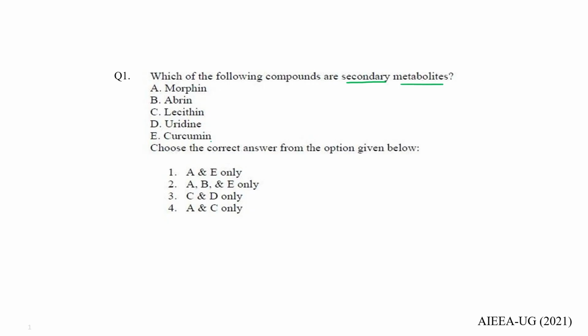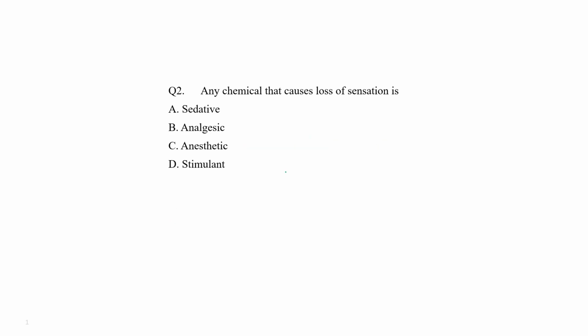While lecithin and uridine are intermediate products of various metabolic cycles, so they do not come under the secondary metabolite category, while curcumin also comes under the secondary metabolite category. So our right answer would be choice A and choice E. So choice number 1 would be the correct answer, in which both morphine and curcumin are mentioned. Clear?